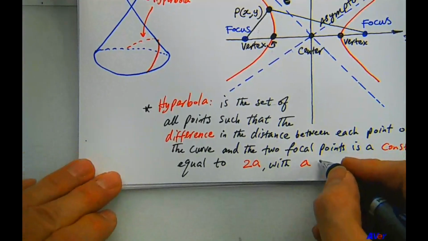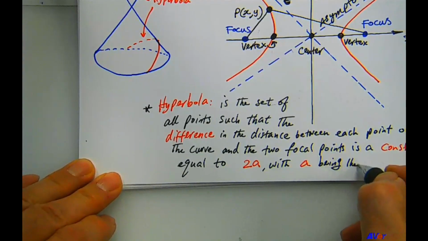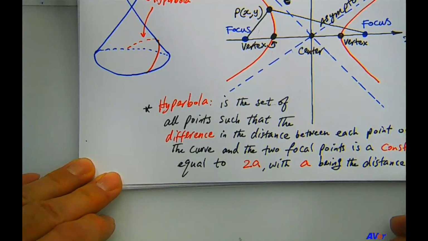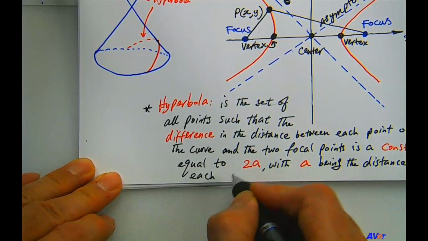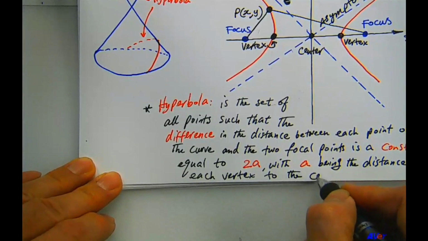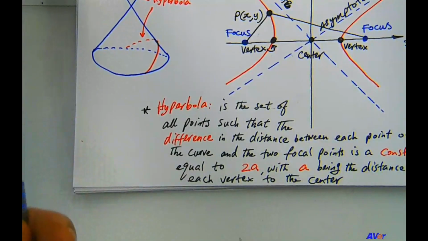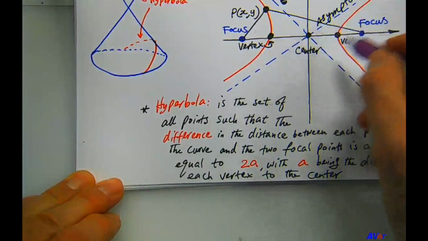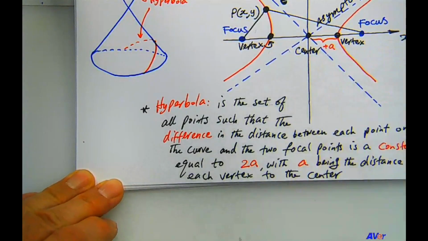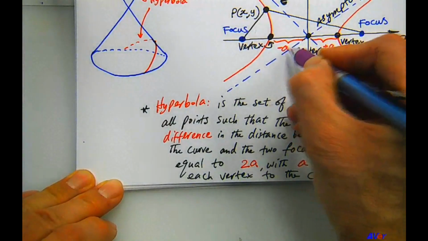with a being the distance from each vertex to the center. So in this figure that I've drawn, this would be positive a, and this distance would be negative a.